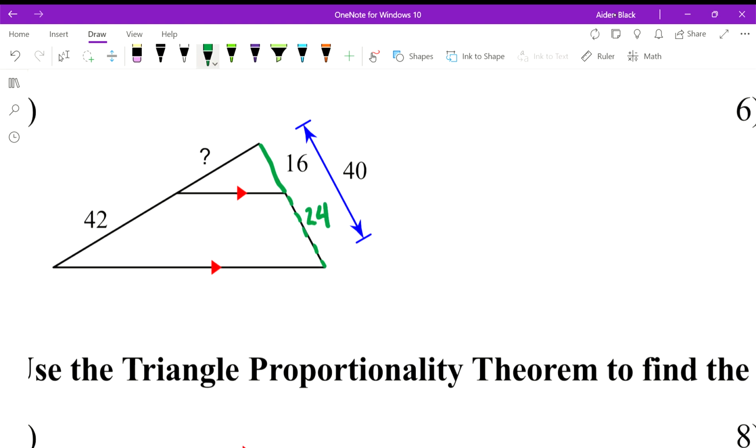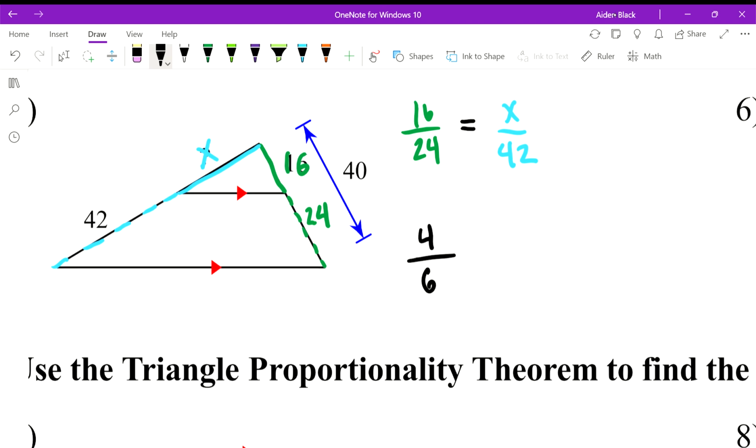So we can say 16 is to 24 as, and we'll call this side length x, as x is to 42. I'll reduce this fraction by dividing the top by 4 and the bottom by 4.